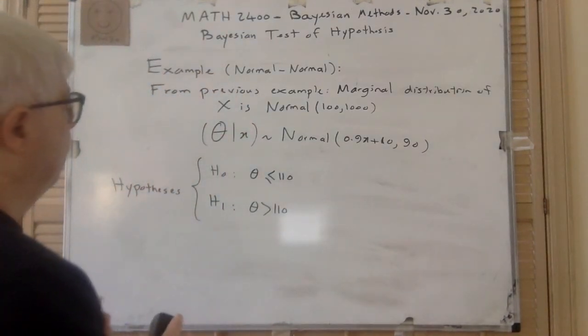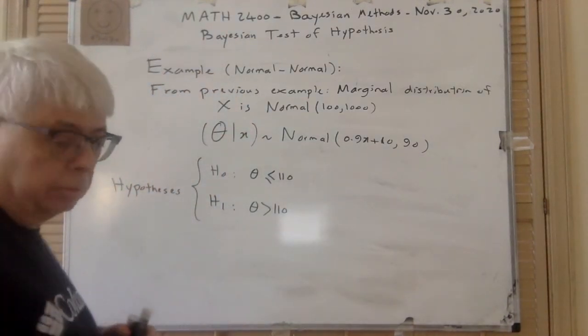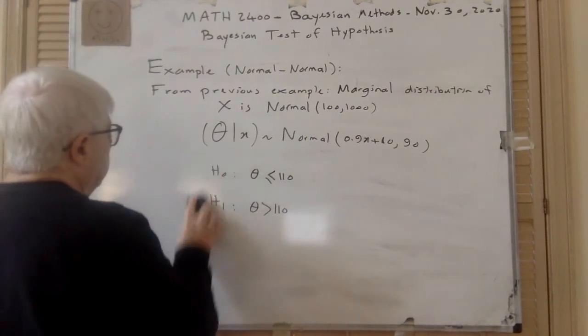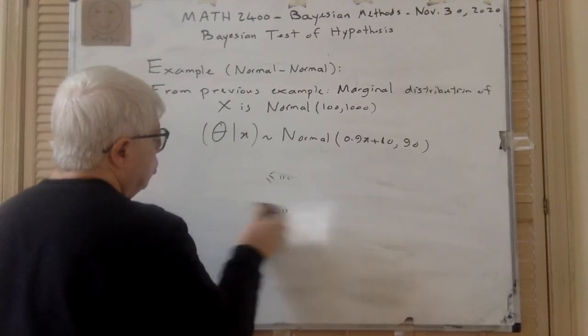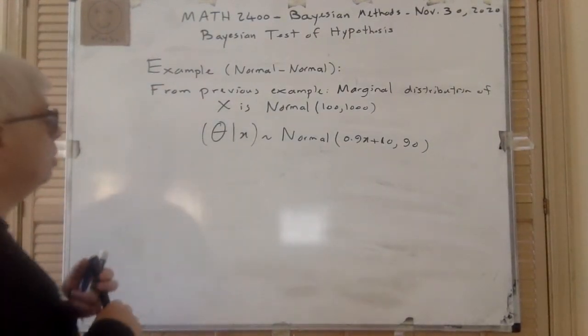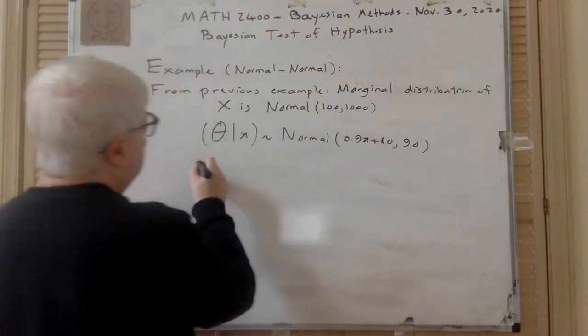Okay, now we have to find the P of H0, so let me erase this, because I know what H0 and H1 are. First of all, based on this observation, what is theta given x?